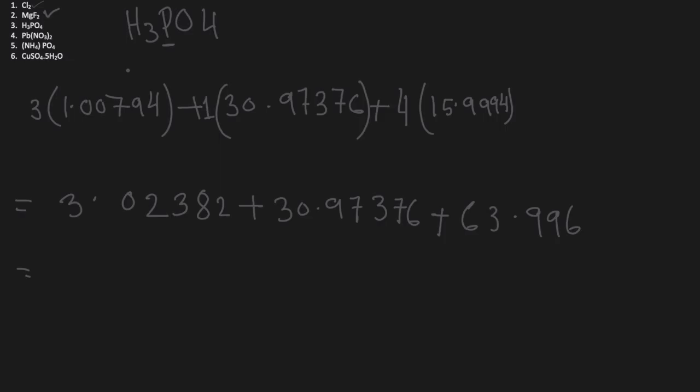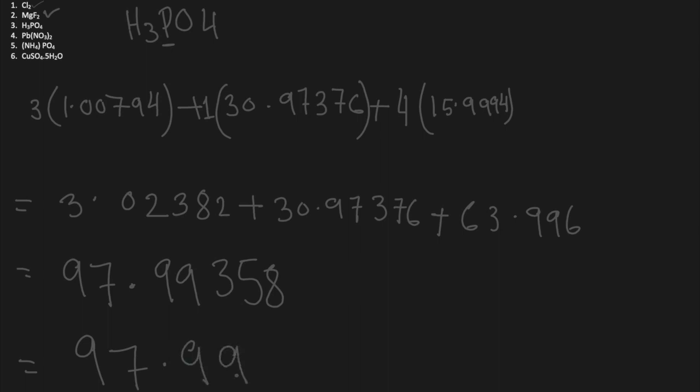This gives us an answer of 97.99358. We're going to round this to 2 decimal places. We get 97.99. And then we need to write down grams per mole because this is the unit of molar mass.